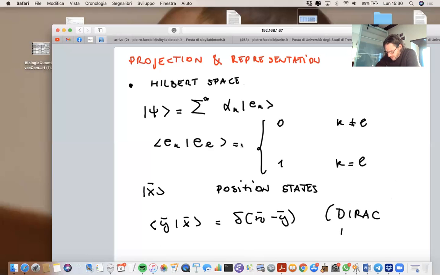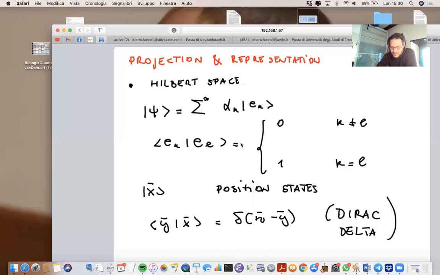Now, the notion of the Dirac delta is a bit troublesome at this level. I will define it a little bit better later on in the course. For the time being, a Dirac delta is something that is zero everywhere unless x and y are really close. So it's a function that is infinitely peaked around x minus y equals 0. But the area of this function remains 1. We'll get more about that in a couple of lectures.